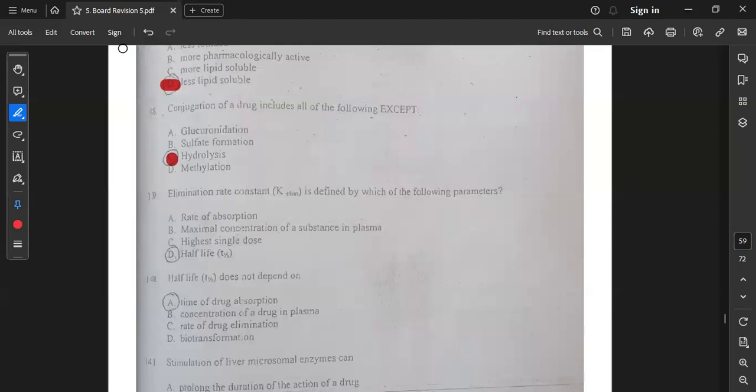Phase 1 actually unmasks the polar functional group by either oxidation, reduction, or hydrolysis. Okay, thank you.